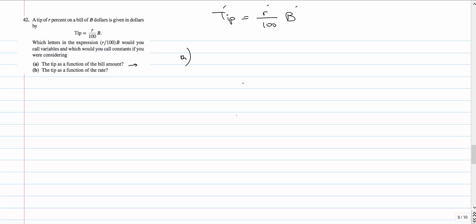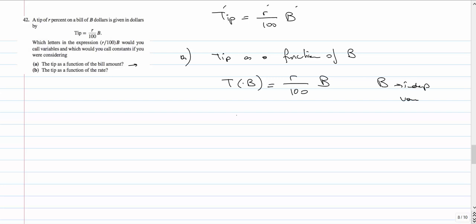If I look at A, tip as a function of the bill amount, then this means T of B I'm looking for. Then B here is my independent variable, because tip is dependent on B, and then R is your constant.